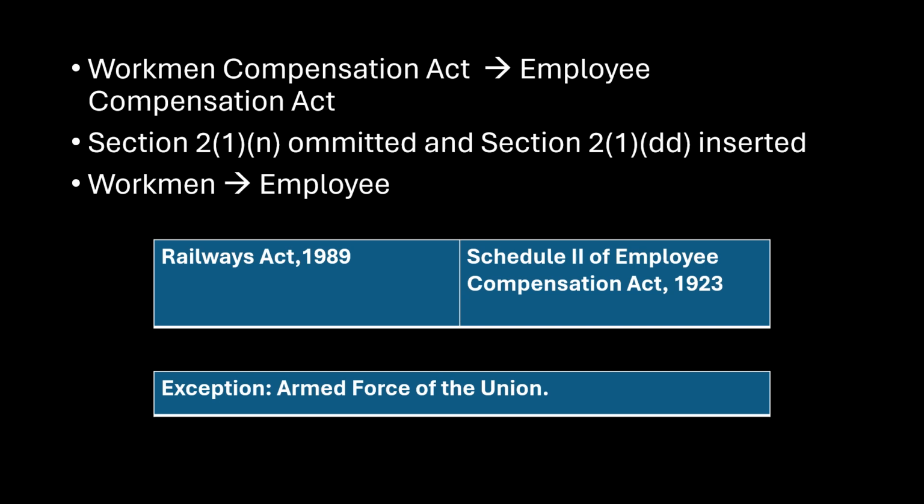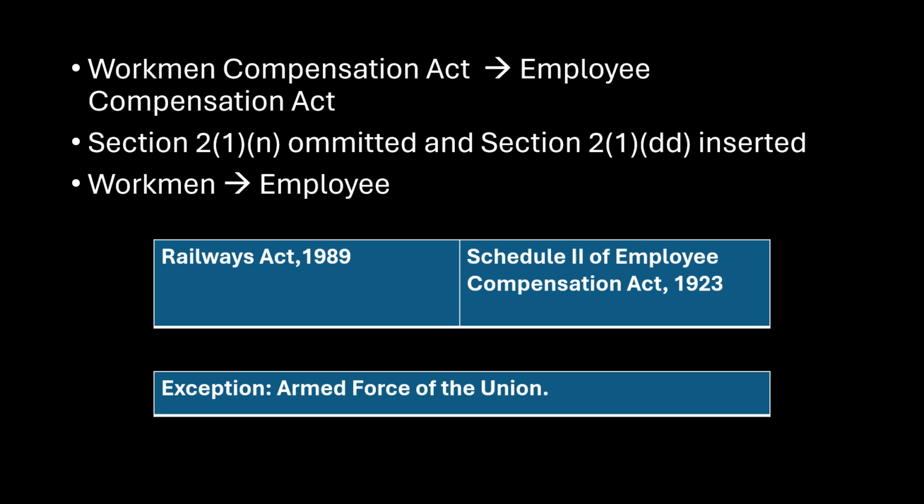However, even if the railway servant is employed permanently in any administrative, divisional or subdivisional office of a railway, if the person is employed in such a capacity as prescribed in Schedule 2 of the Employee Compensation Act, then that person will also come under the definition of employee.